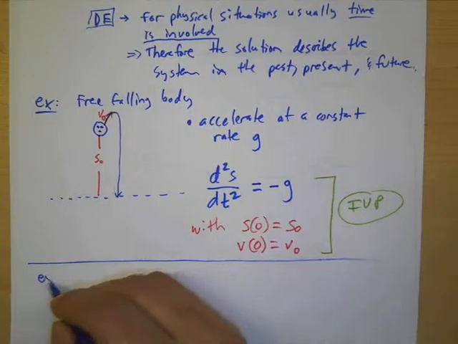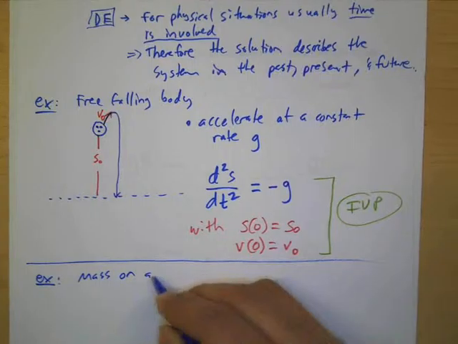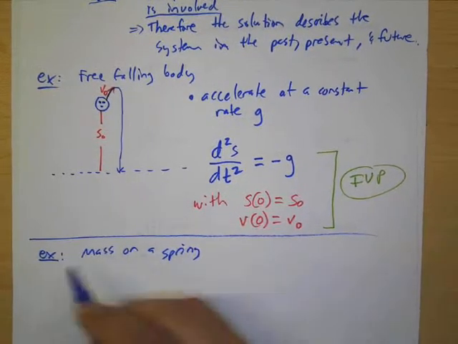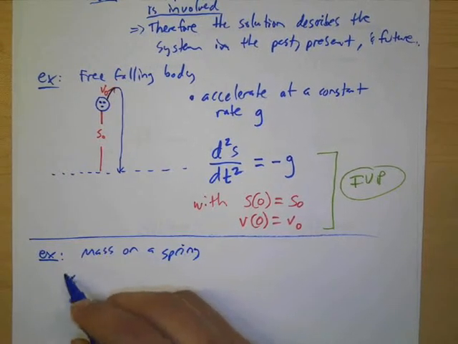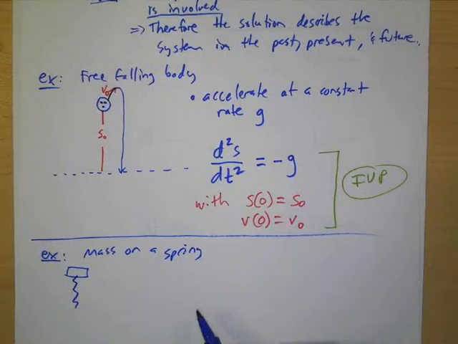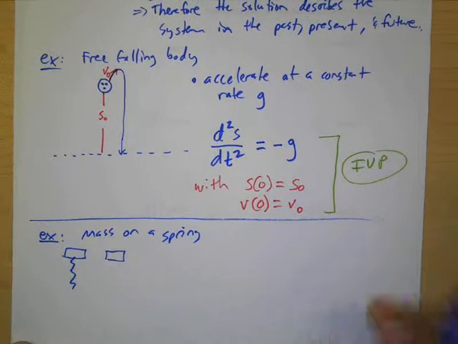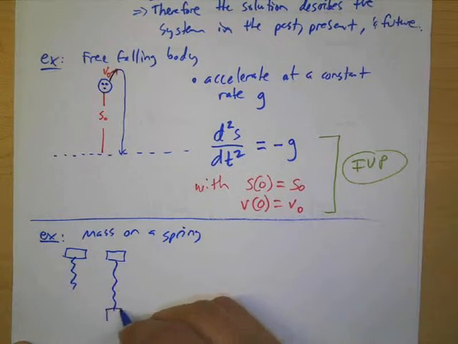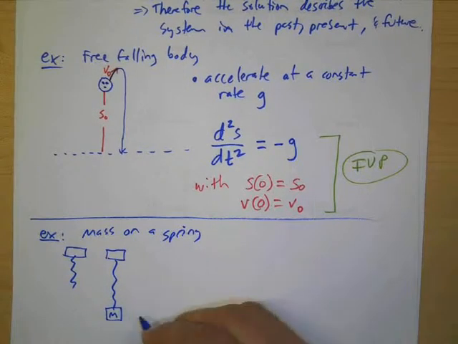Here's another one. Mass on a spring. So let's say we have a spring attached to something. We then attach a mass to it. This is now what we call the equilibrium position.